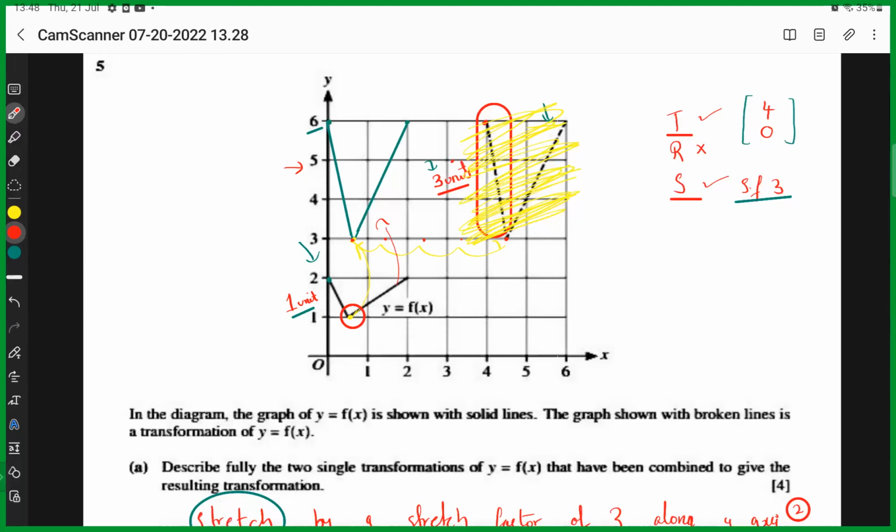This was only stretch. The important part is, you need to apply the stretch first. Do not apply translation first. I have been telling you guys already, at times if you do translation first and stretch later on, your answer would still be fine. But the best practice is to go by BODMAS. We know that for stretch we are multiplying something with the function, and for translation we are adding or subtracting with the function, right?